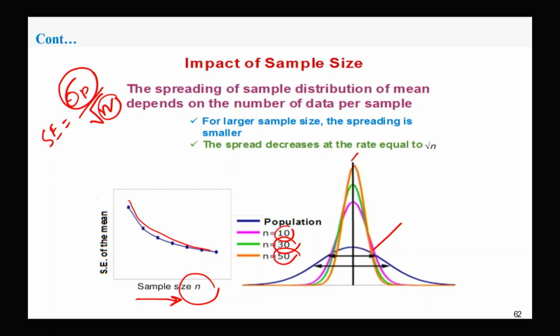From this plot we can see that as we go on increasing the number of specimens in a sample, the plot becomes closer and closer towards the central value.